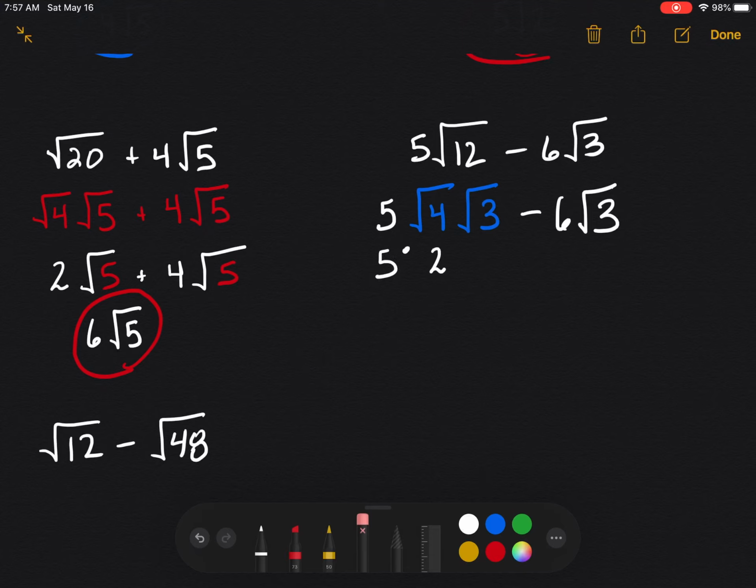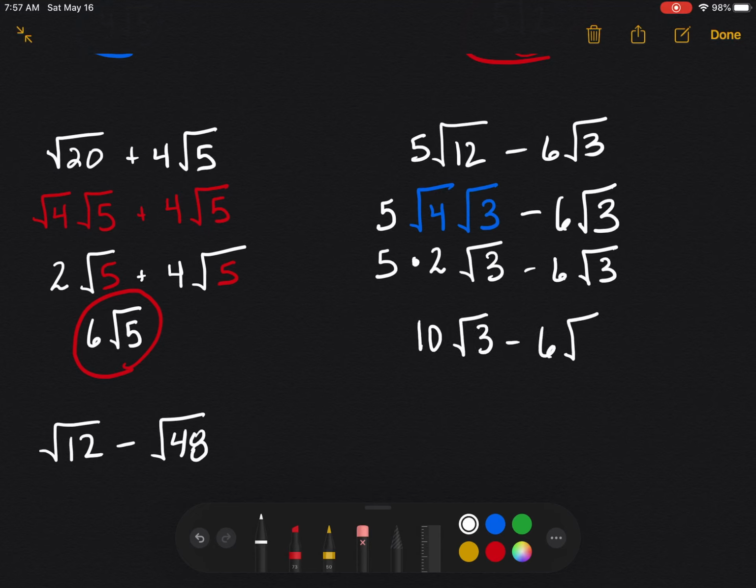I know my dot is not in a good spot there. I'm going to multiply that, so don't forget to do that. A few of you had a little trouble with that on the quiz. Okay, that becomes a 2, but then it has to be multiplied by the 5. And so then you get 10 radical 3 minus 6 radical 3. 10 minus 6 is 4. Radical 3 is my final answer.